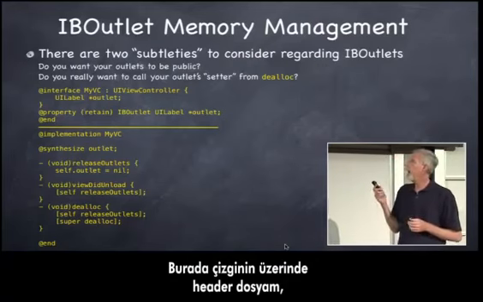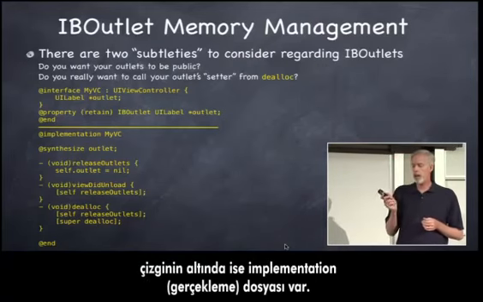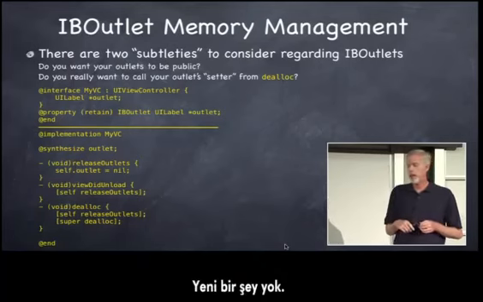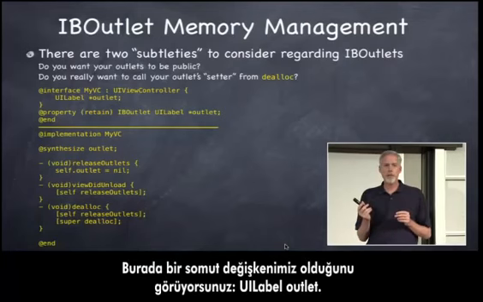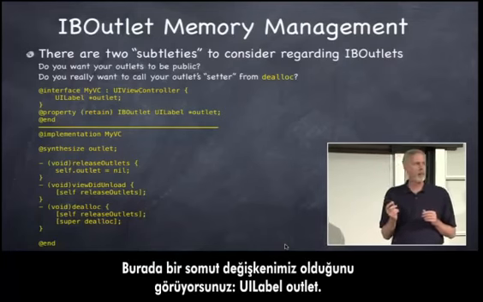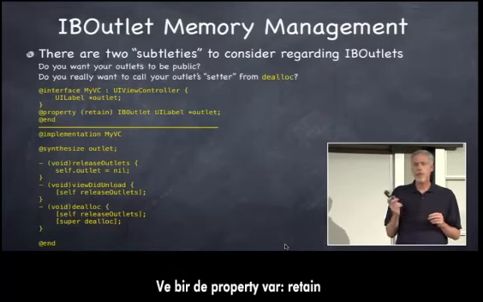All right, so let's talk about the public nature of these things. So here I have a header file above the line and an implementation file below the line. Nothing new here. This is how I told you to do the outlets. You can see that we have an instance variable, UILabel outlet, and we have a property, which is retain.